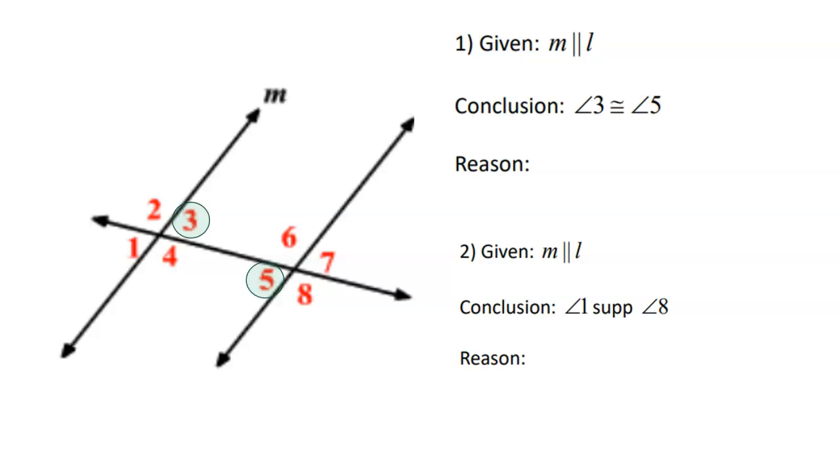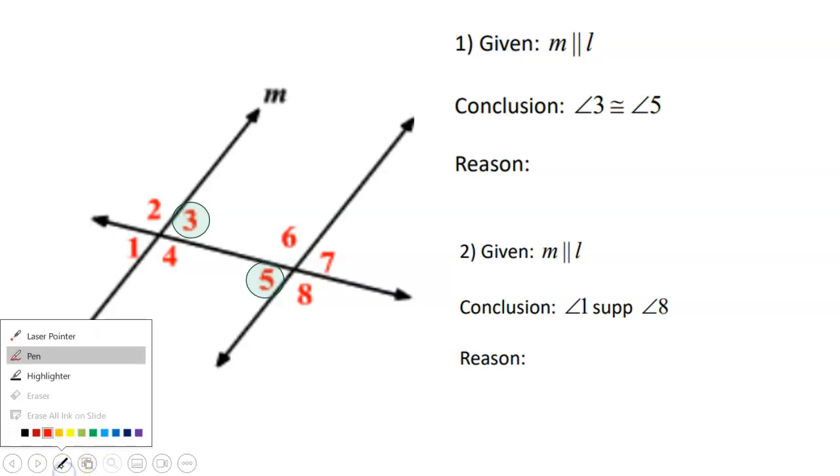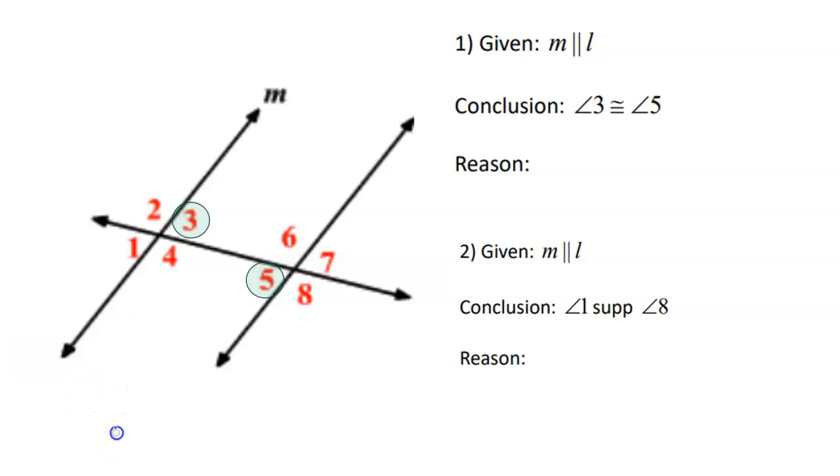If I know that 3 and 5 are congruent, I know that 3 and 5 are alternate interior angles. So our reason is going to be the alternate interior angle theorem. We have parallel lines.